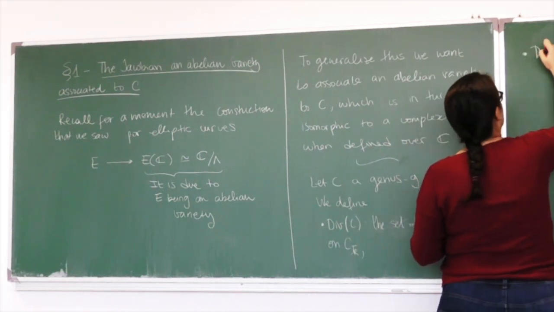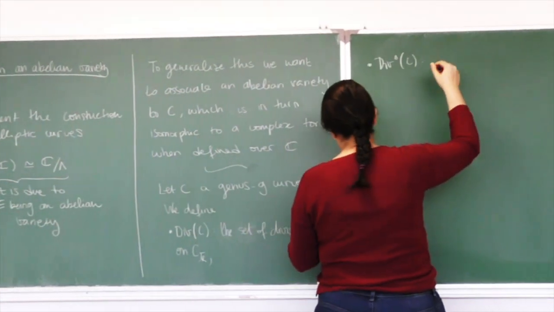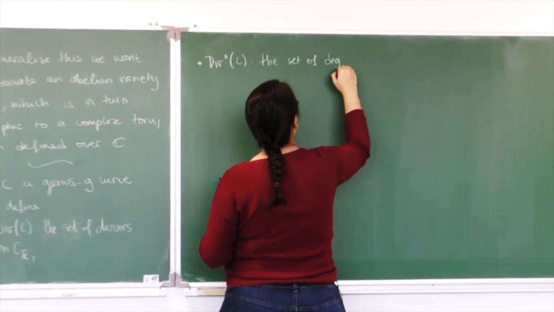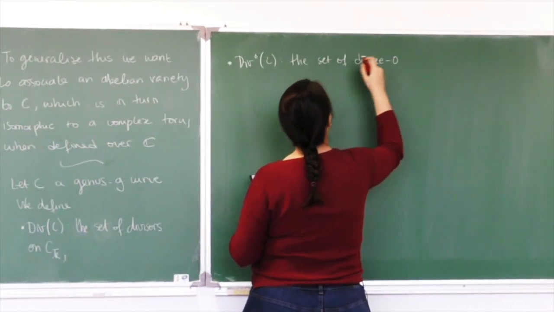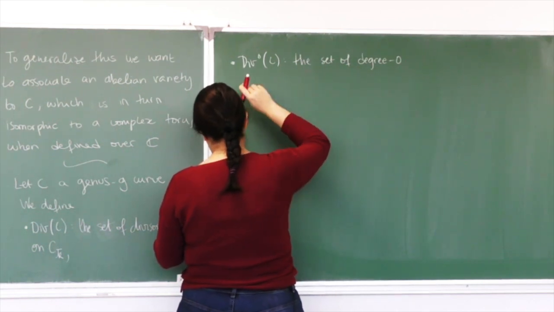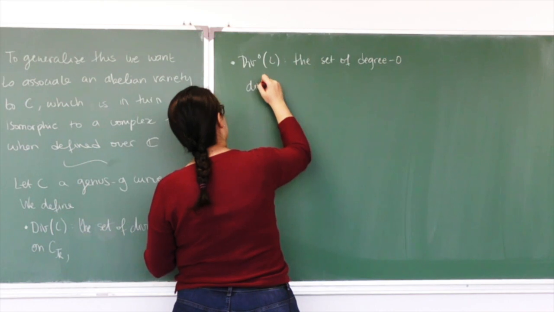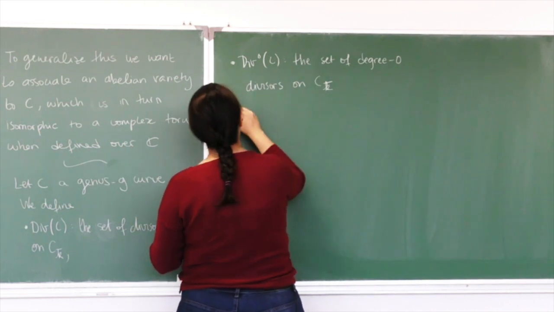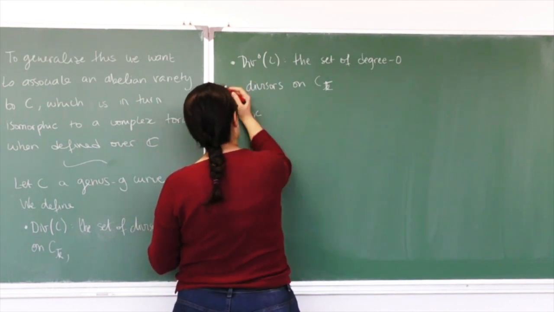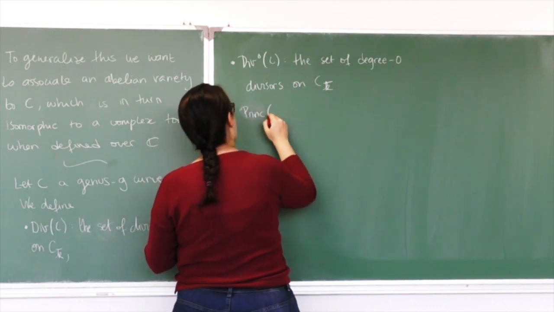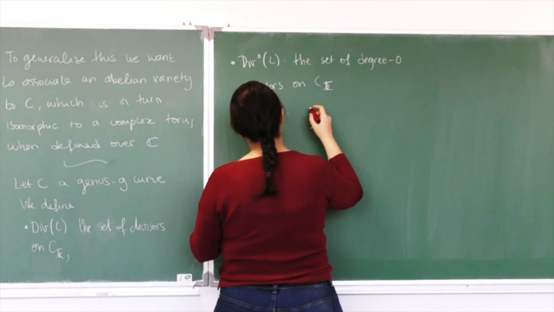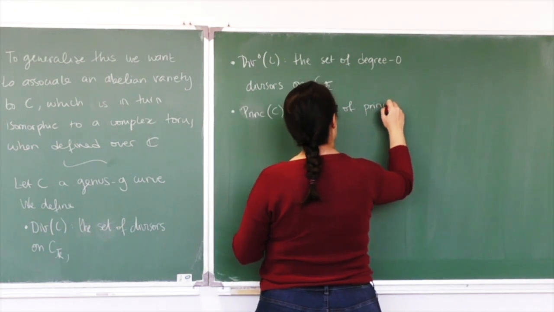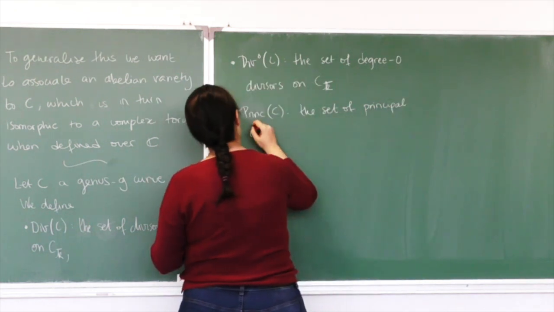We have Div^0(C), which is the set of degree 0 divisors on C over the algebraic closure of K, and Prin(C), the set of principal divisors.